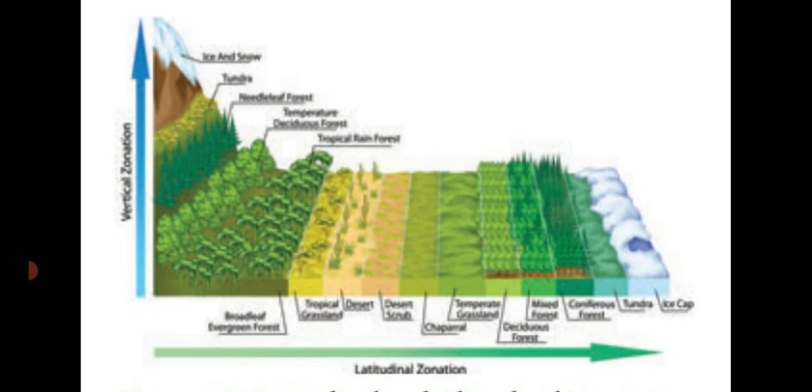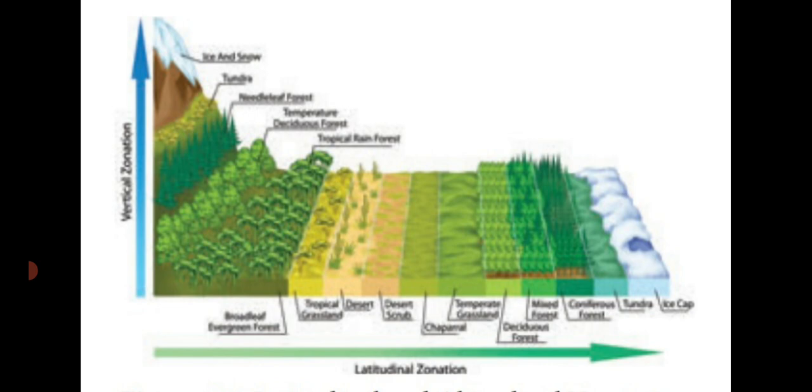Then the vertical line is known as altitudinal vegetation or vertical zonation. So it starts from equator towards the poles, north pole and south pole. In both regions, at the end it's covered with ice and snow. Here also ice cap. So there is no plant region in the polar region, that is north pole and south pole.